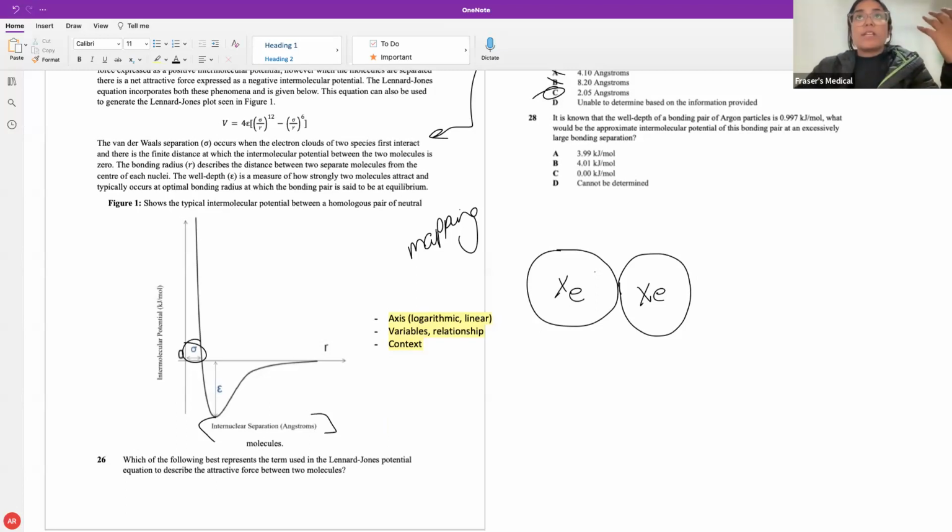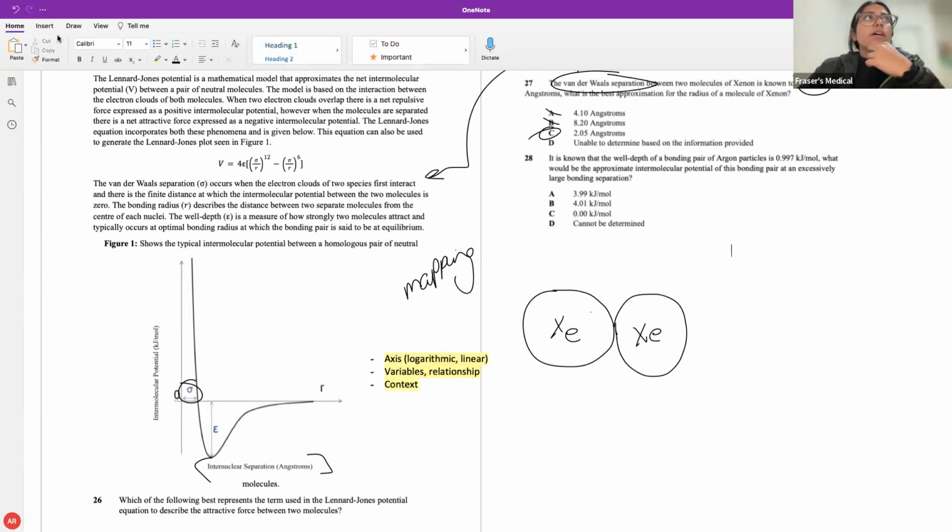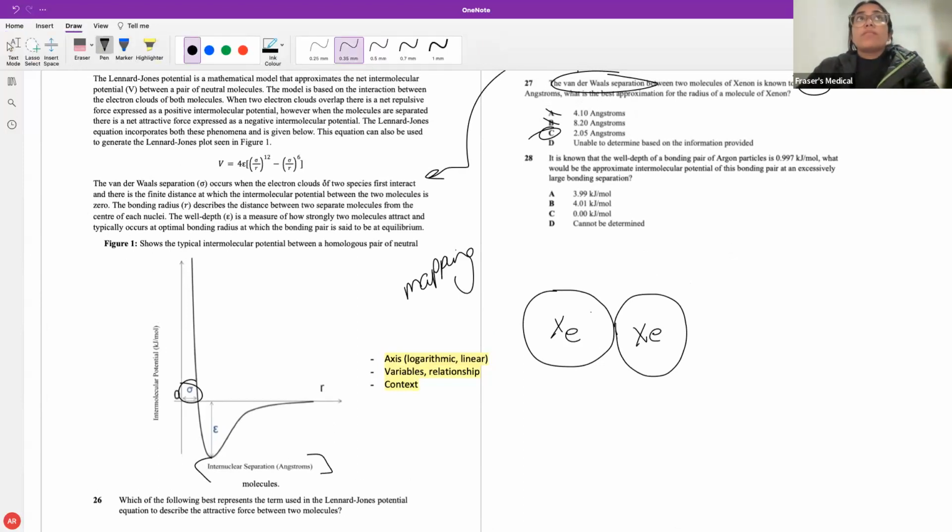Again, the majority of us think it's C, which is the right answer, and some of us have gone for D as well. That's completely fine. So does someone want to chuck in the chat how they did this question?